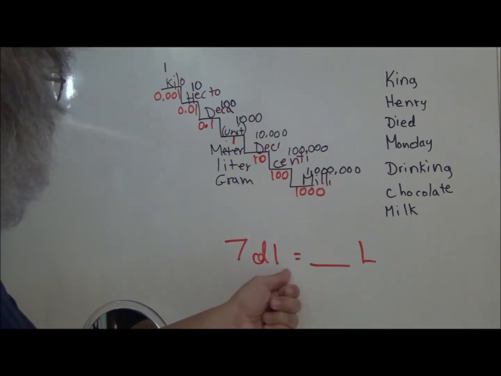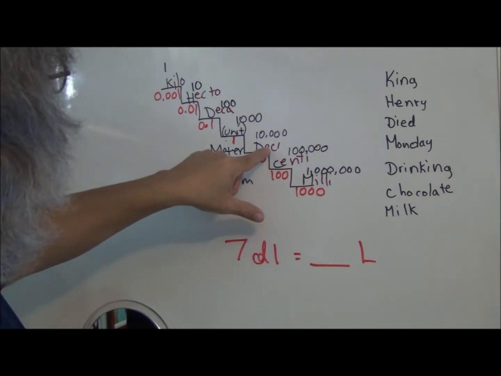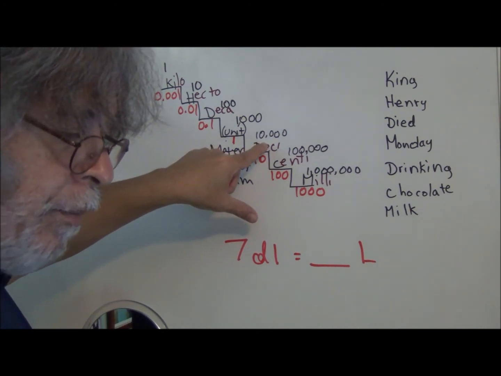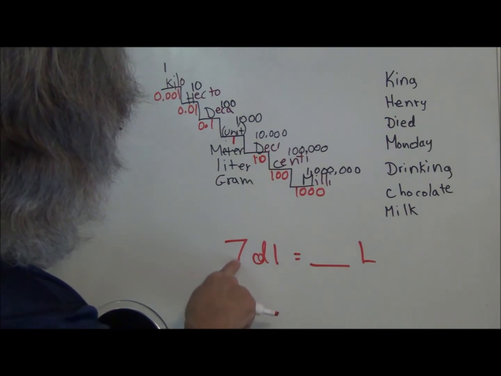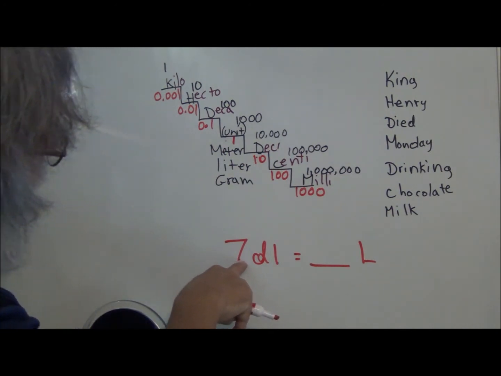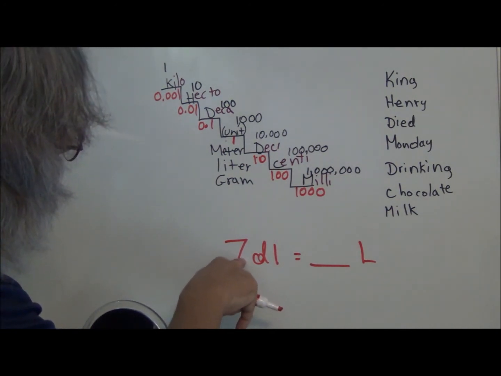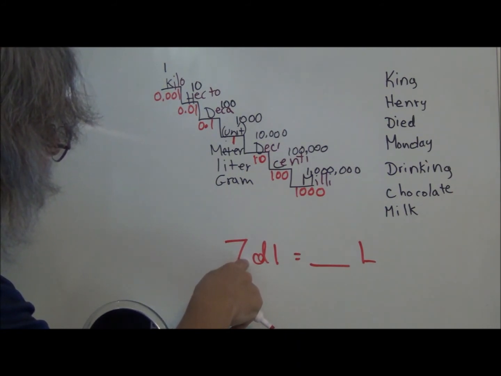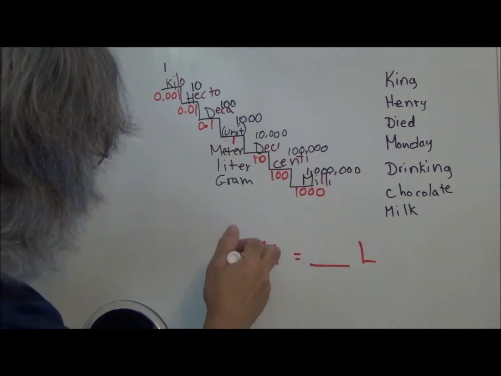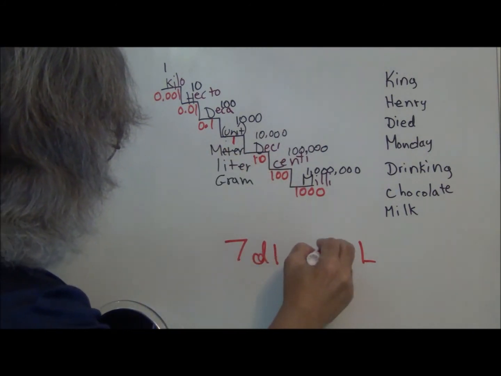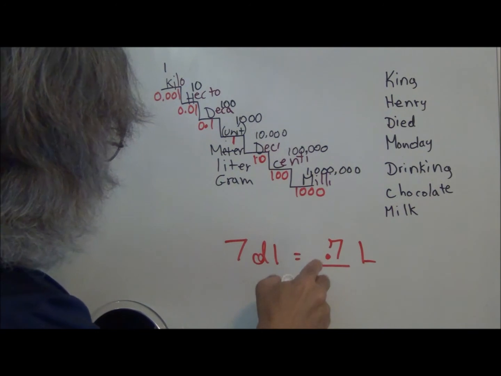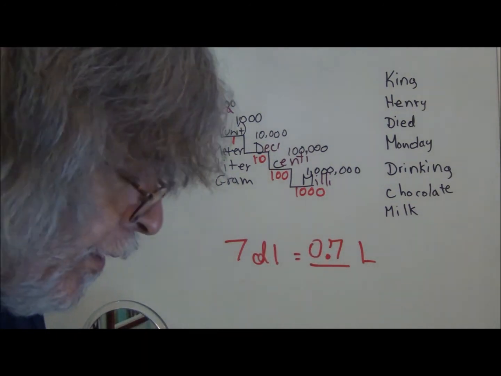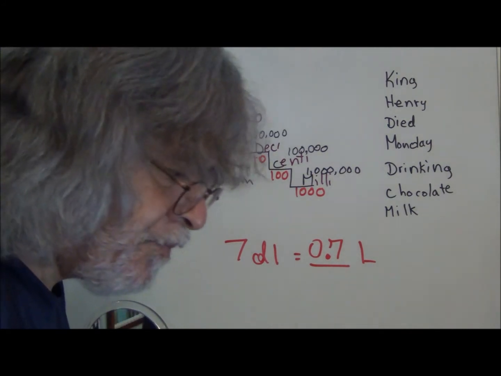So deciliters to liters, you're going up 1 space. So if I start out with a decimal point, the decimal point would have to be on the right side so that it's still 7. But if I'm going to liters to the left, I have to move the decimal point over. So it's going to be 0.7.